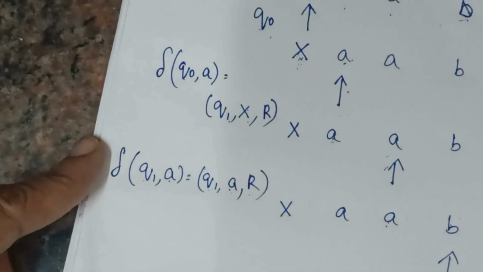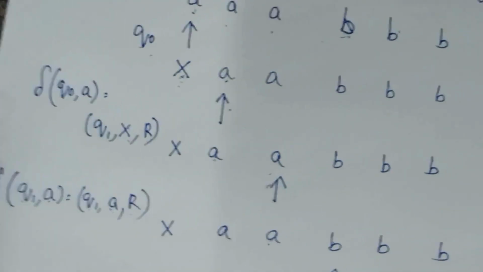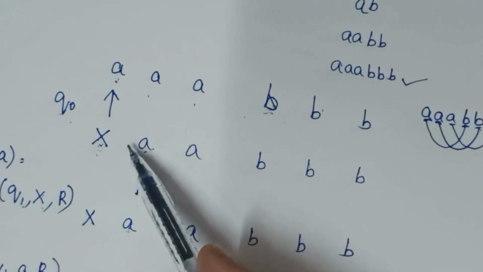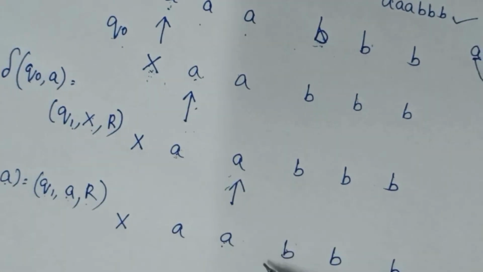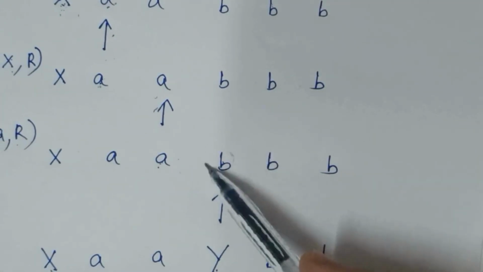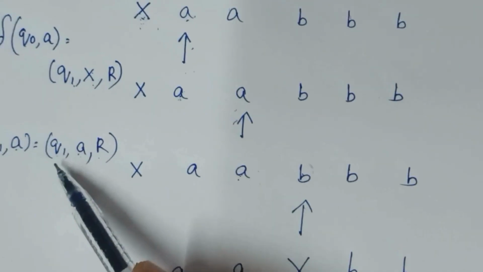Okay, the next one. Now where we are, Q0 on reading A, replacing that with X. Whatever A's are there, we are just reading and writing them, moving to right until we reach B. So we are in state Q1.